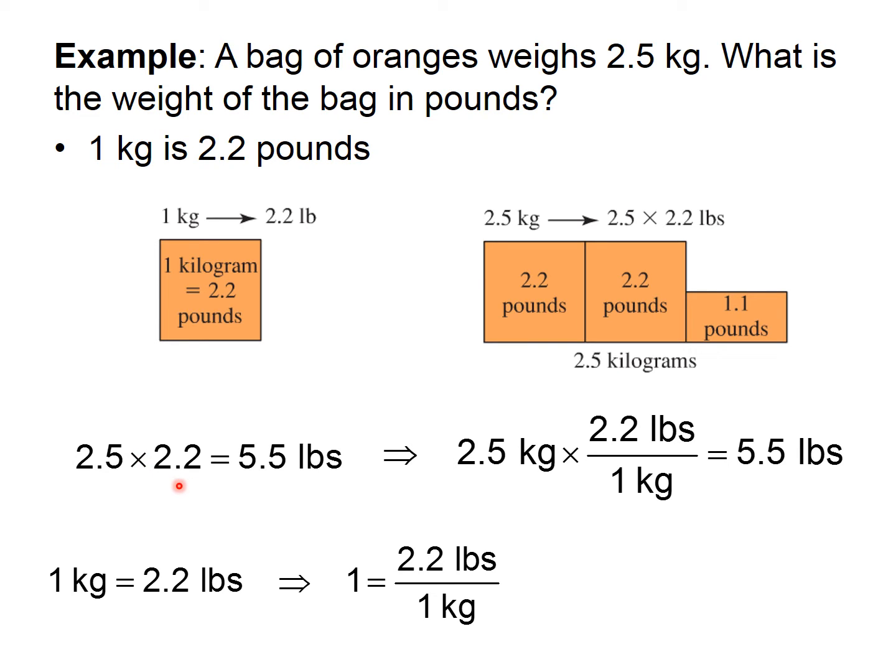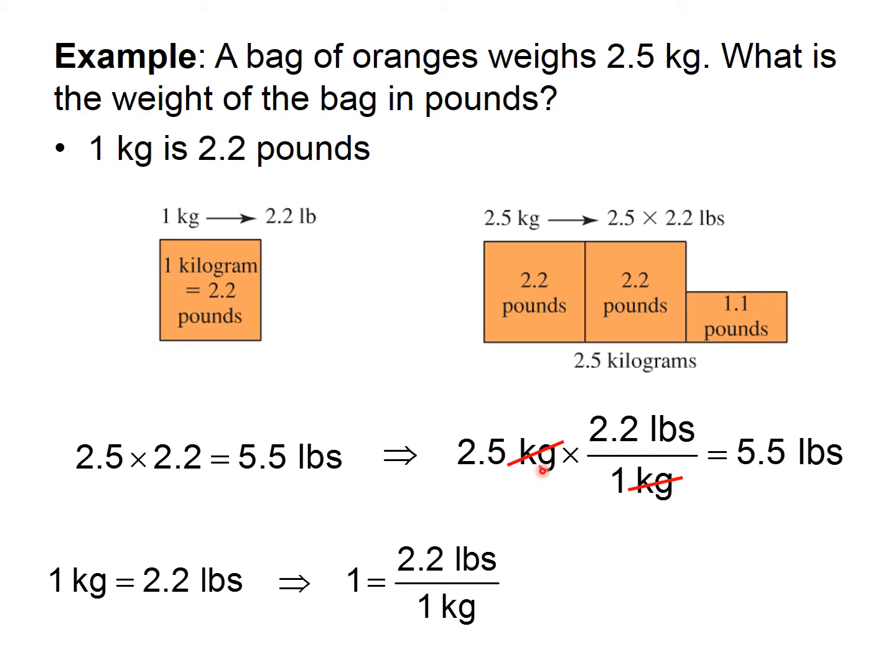I could think of multiplying by 2.2 as really multiplying by the fraction 2.2 pounds over 1 kilogram. So to solve this problem, what I really did was take 2.5 kilograms times 2.2 pounds over 1 kilogram, and notice how it looks like our units cancel.